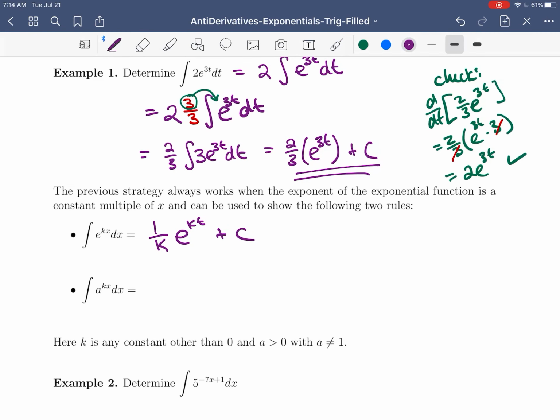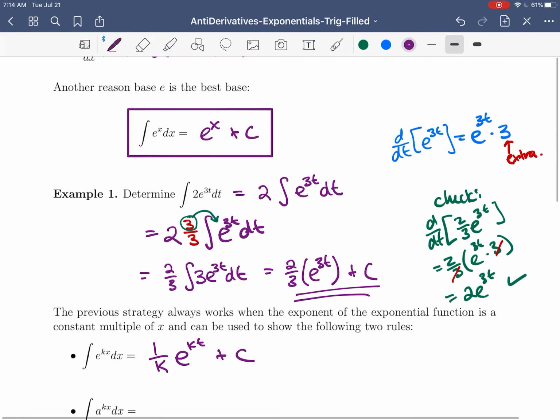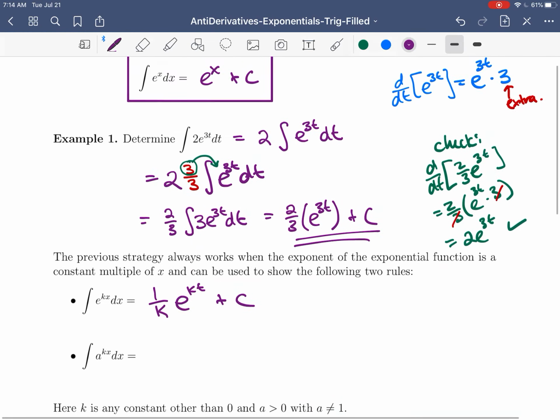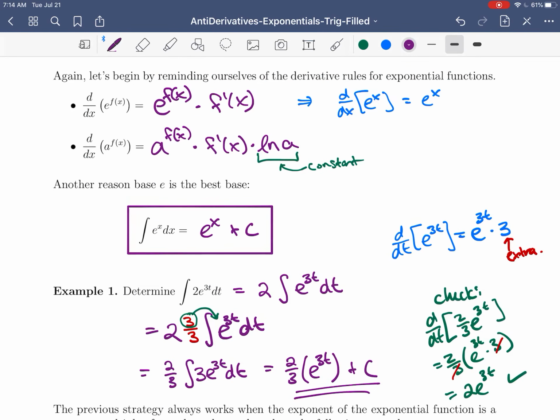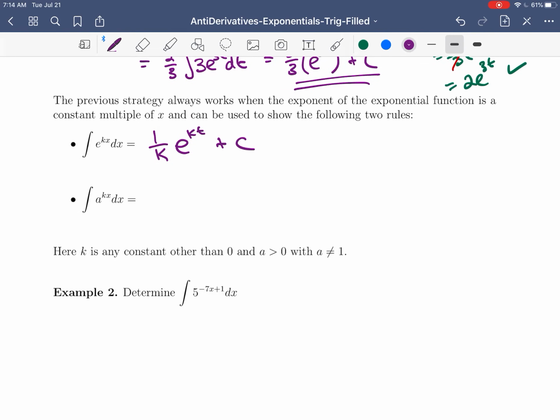Similarly, we could do this for a different base, except we're going to have an extra factor of ln a, because remember the derivative also has ln a, but ln a is also a constant. Okay, so we're able to get rid of it by dividing. You can't do this with x's or t's. They can't have the variable in them. They have to be constants in order for this to work.